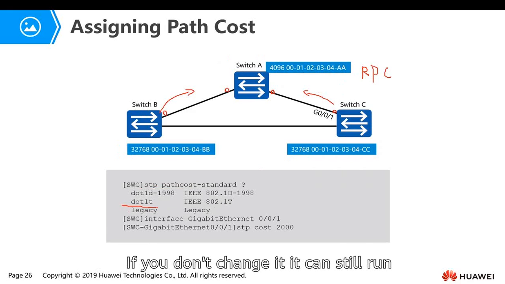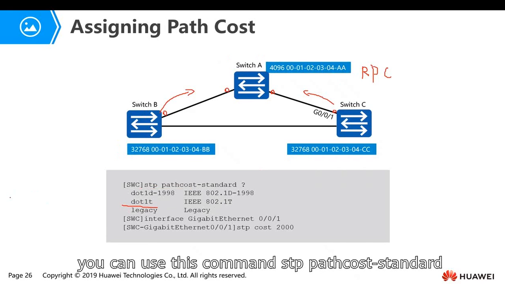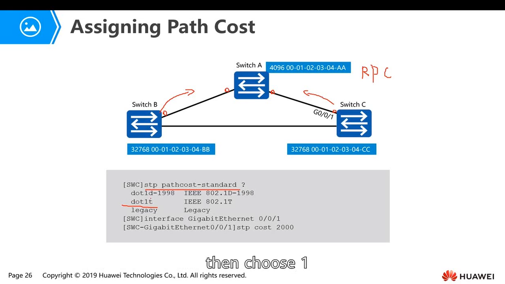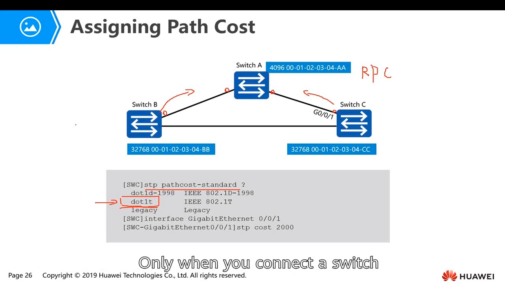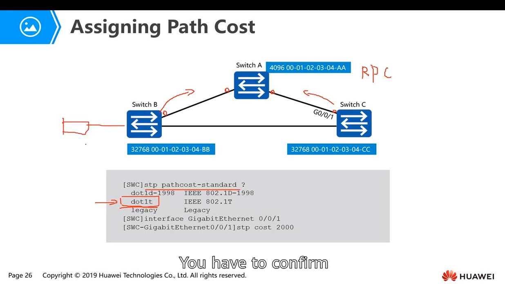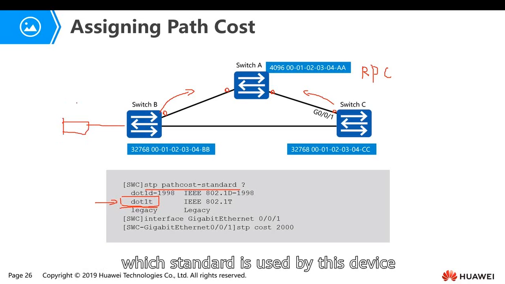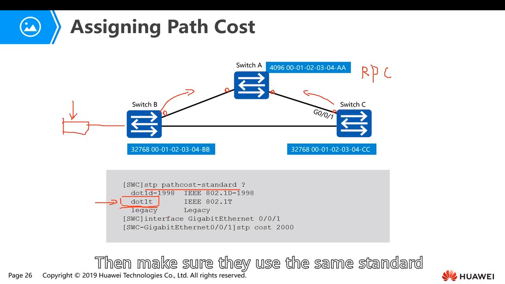If you do not change it, they can run it. If you want to change it, you can use this command, STP path cost standard, then choose one. But I recommend you not to change this. Only when you connect a switch with other manufacturers, you need to confirm which standard is used by that device, and then use the same standard.